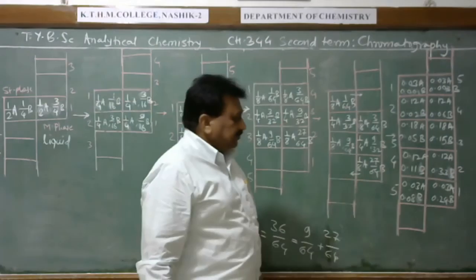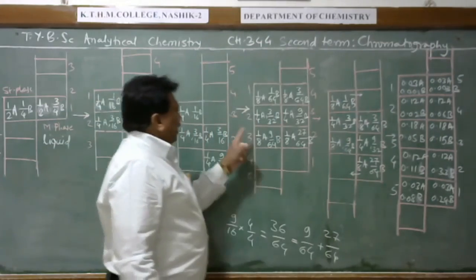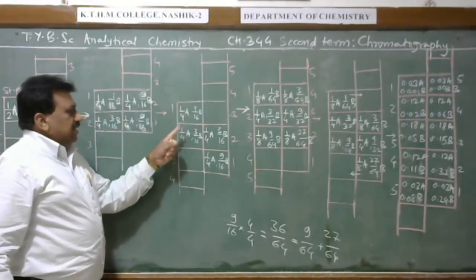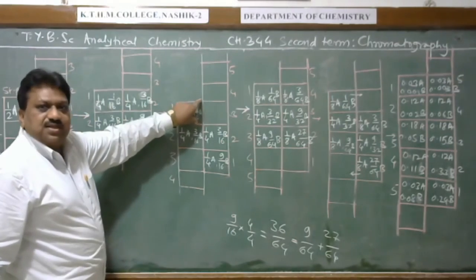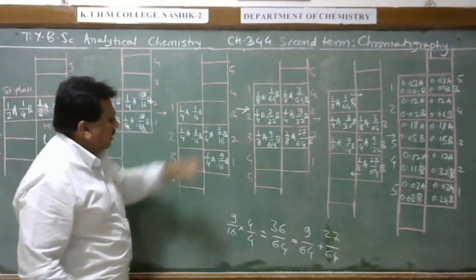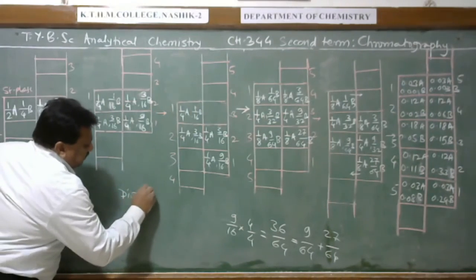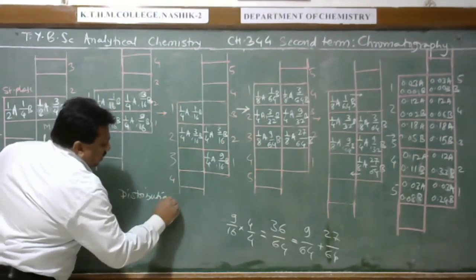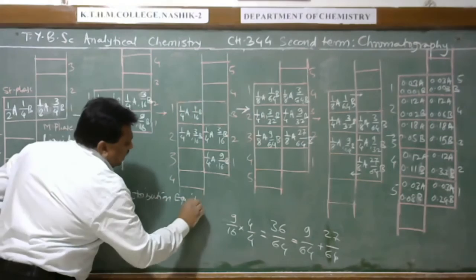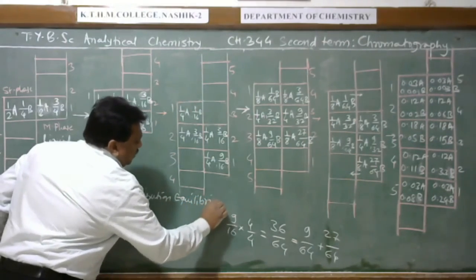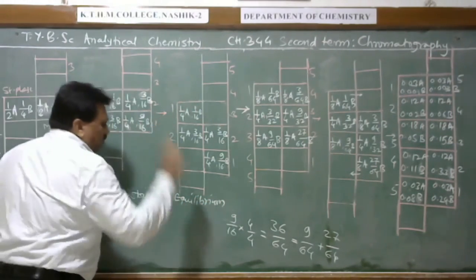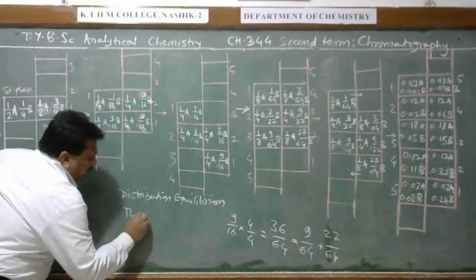Now in this matchbox model, this single box represents a single distribution equilibrium, and this single distribution equilibrium is called a theoretical plate.